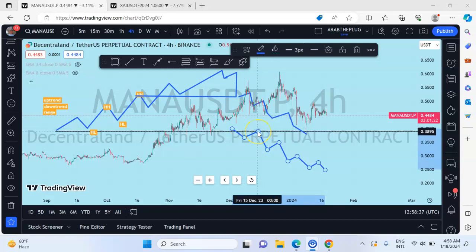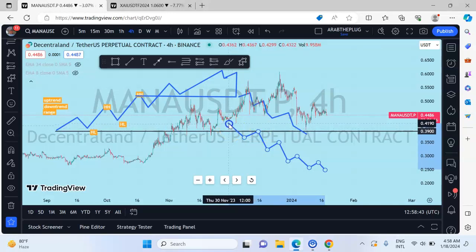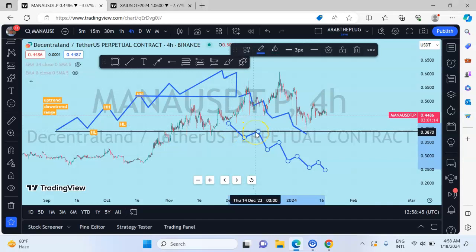Then it came up and created a high. This high is not up to this particular point where the market started. So we'll call this one a lower high, because it is a high, but the high is lower than the previous high. Then when the market comes down again, we can say it created a new lower low.